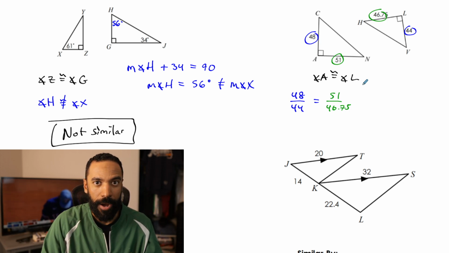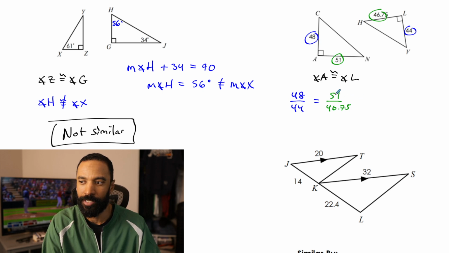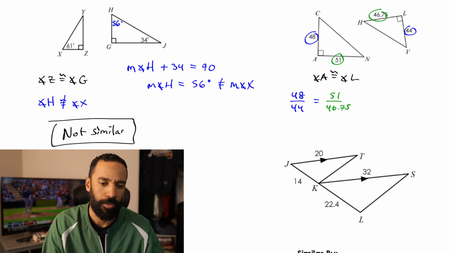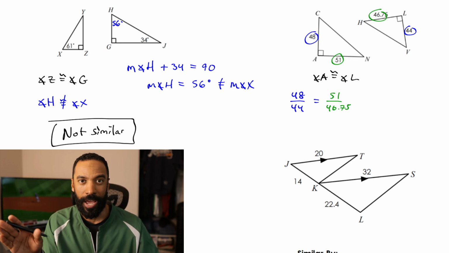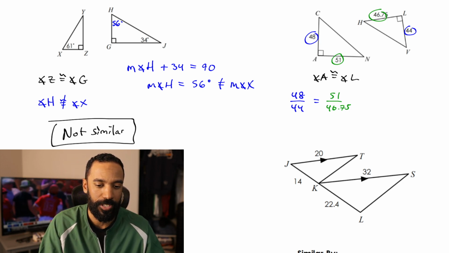Now, I'll be honest, not going to bother with reducing fraction. This fraction's easy enough. That's 12 over 11. I don't want to bother with that one here. Let me just say what the calculation is. So 48 over 44, 12 over 11, if you will, is 1.090909, like that. Let's try 51 over 46.75.